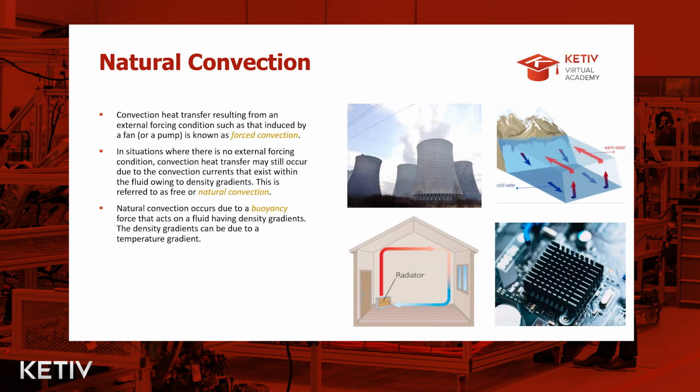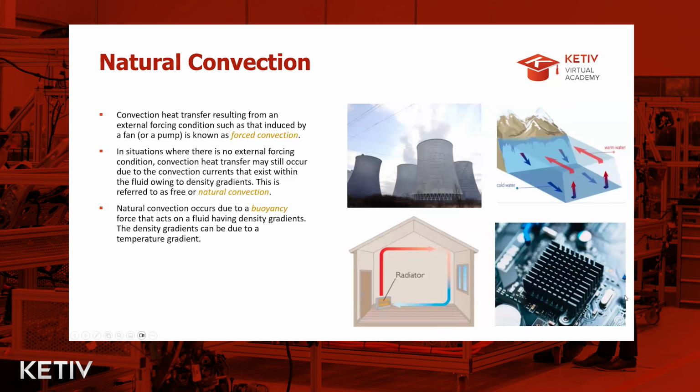But convection can also occur in cases wherein there are no external momentum sources or there's no external forcing of fluid. And this type of convection usually manifests in the form of convection currents, wherein fluid is naturally displaced from a heated region because of density gradients.